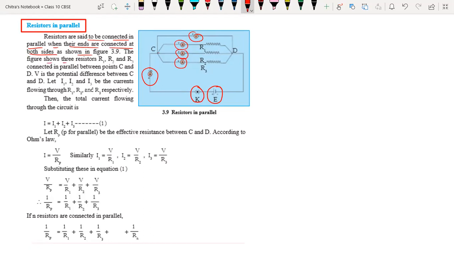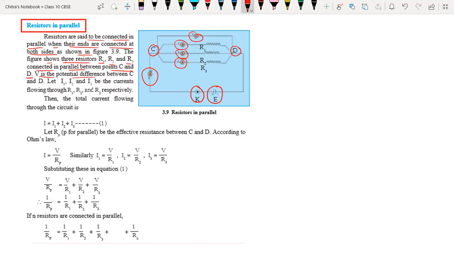The figure shows that three resistors R1, R2 and R3 are connected in parallel between the point C and D. Here we have the point C and here we have the point D, and between point C and D we have connected three resistors parallel to each other.